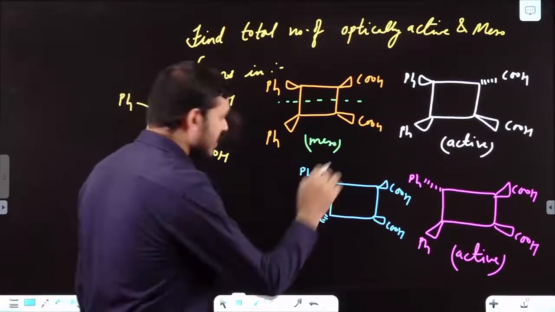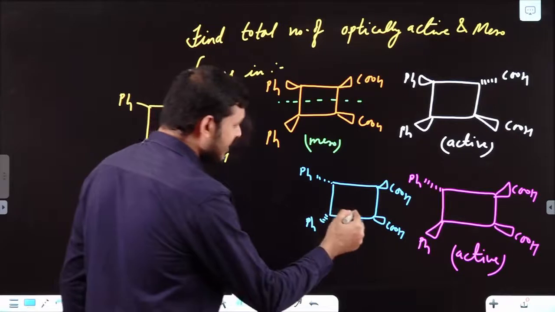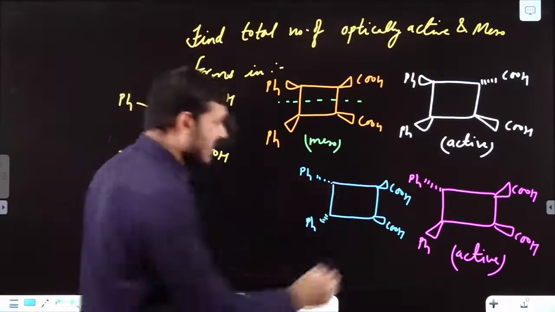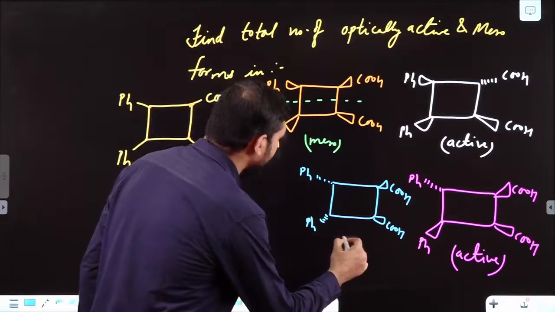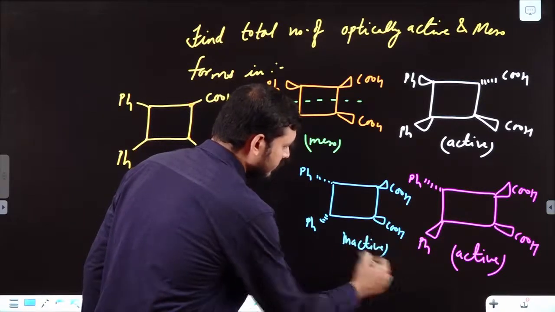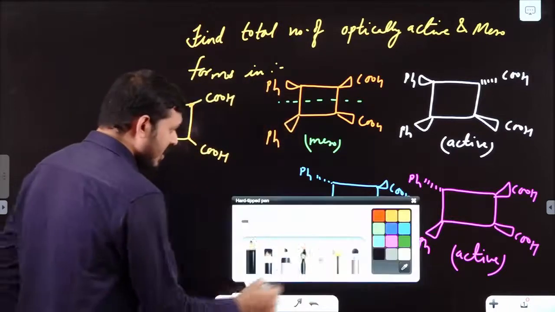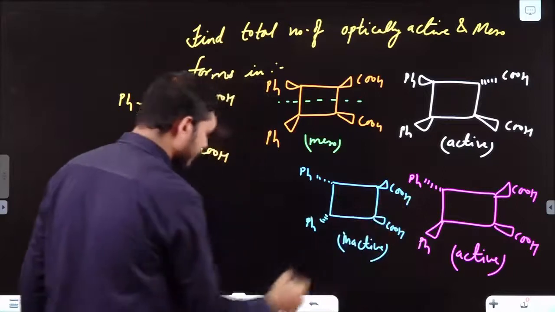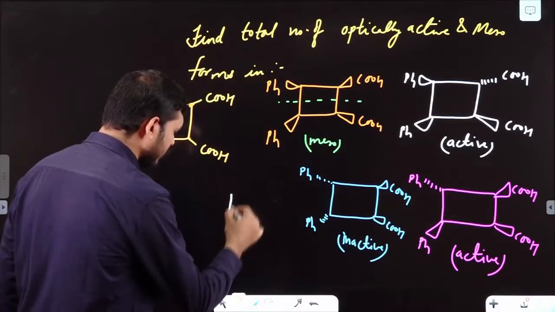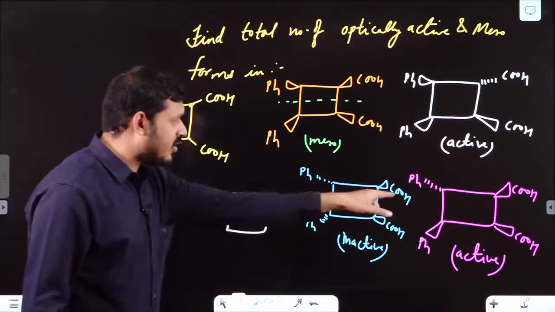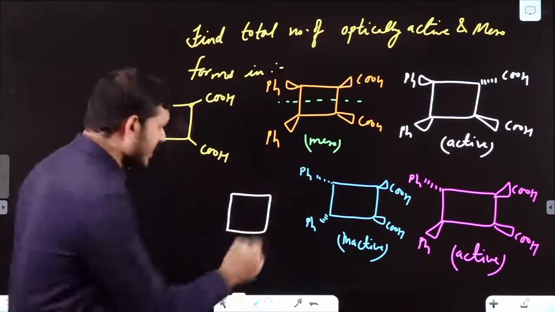Now first observe this one. Yes, you can cut this in this part, it is having POS, so it is inactive. Okay, now let me draw another case. Again I will do the same thing, but I will make this COOH and pH on the same side.